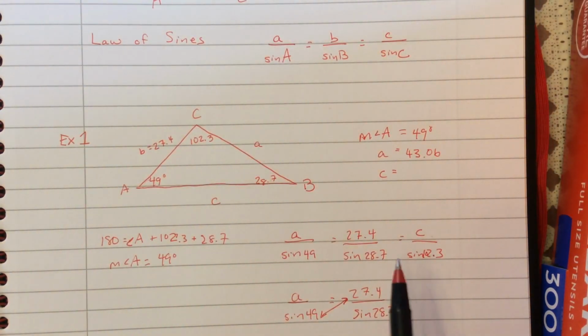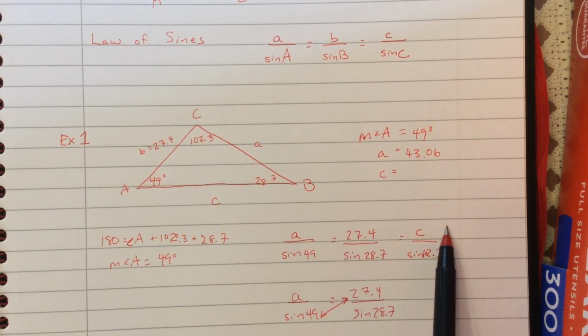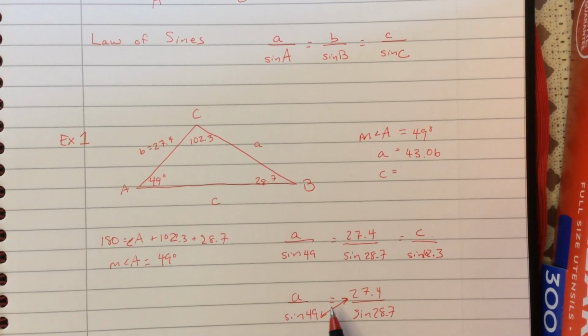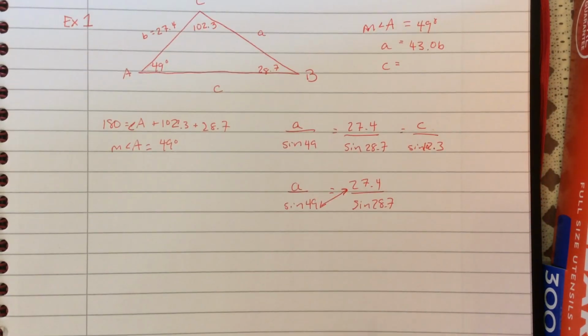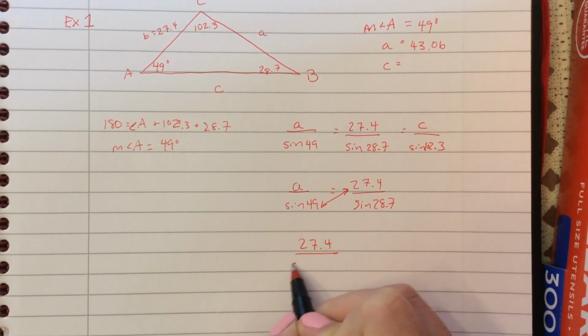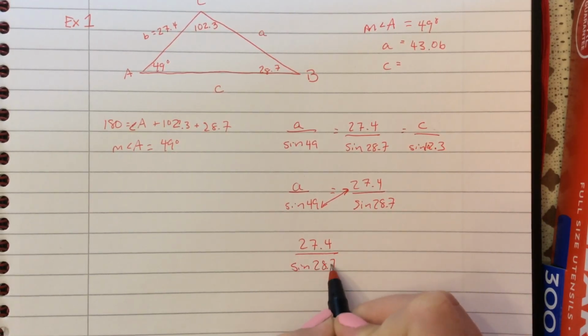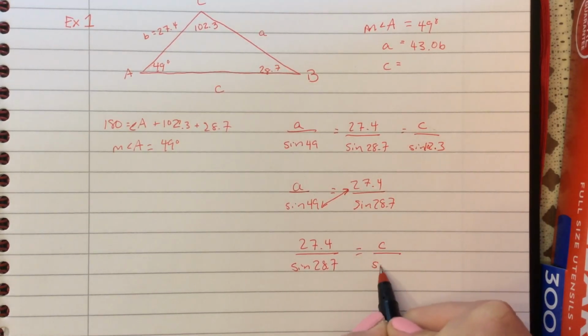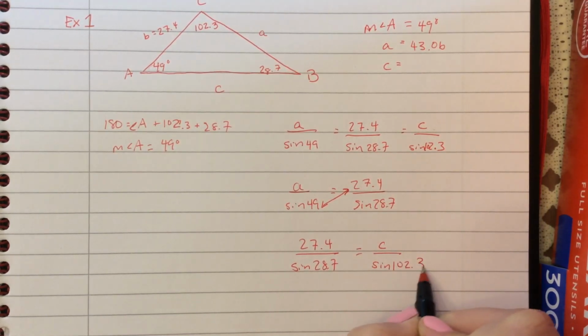So now if we want to do this for C, you can use A. I like to use the ones that we haven't figured out ourselves, like these were given to us, just in case we made an error with A. So for C, I'm going to say 27.4 over the sine of 28.7 equals C over the sine of 102.3.